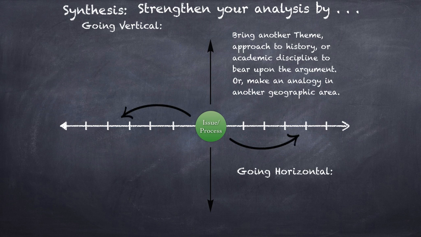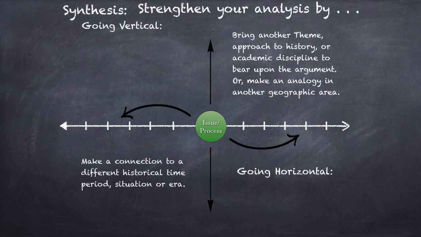In this case, what you're going to do is make a connection to some different historical time period. So you're showing that empires fell in this era because of X, Y, and Z, but also, if you move ahead to, let's say, between 1450 and 1750, the same type of process occurred there. You see, that makes your argument stronger.